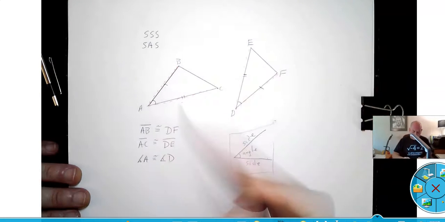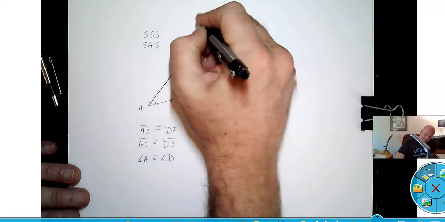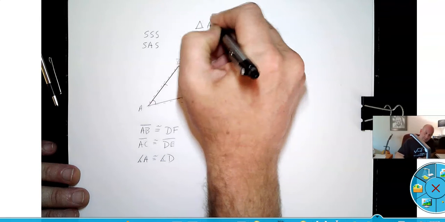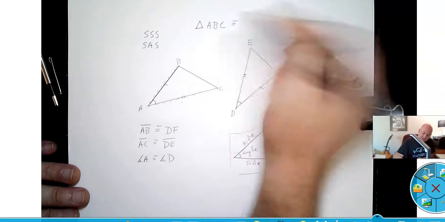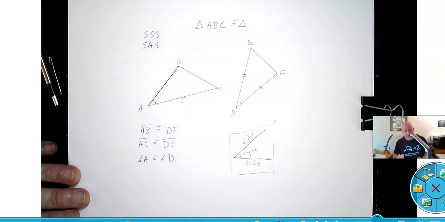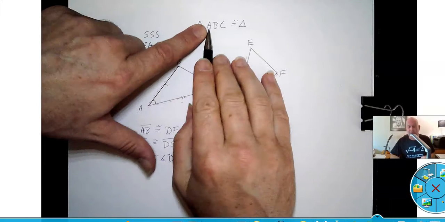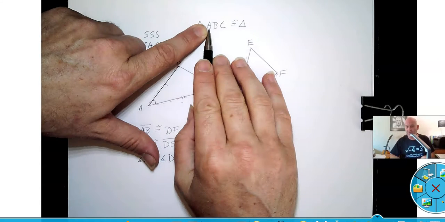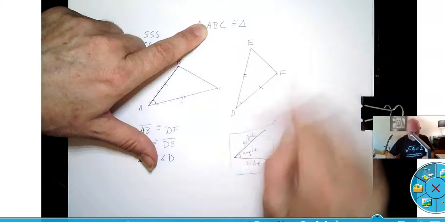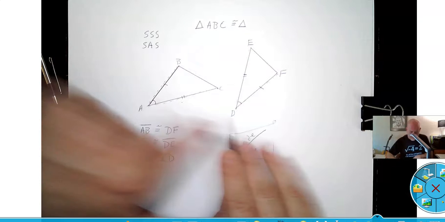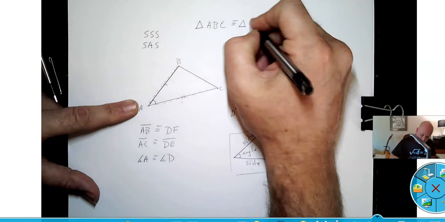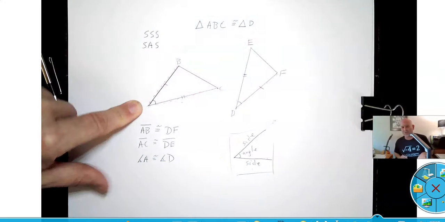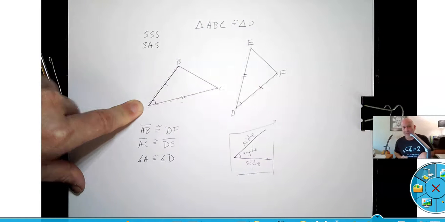So let's just go ahead and start with triangle ABC. And we need to figure out what the correspondences are so that we can write these angles in the correct order. Okay, so first we need to see what A corresponds to. So let's look. A is the same as D, so that means D has to come first. Now, you don't necessarily write these things in alphabetical order.